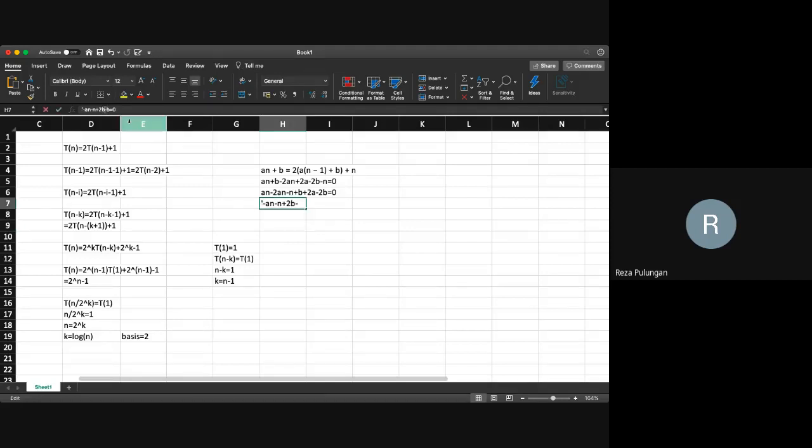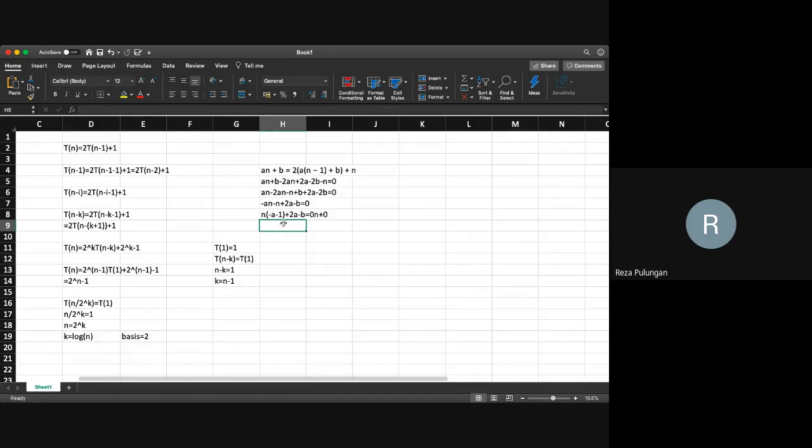Okay. So n multiplied by minus a minus 1 plus 2a minus b is equal to, now this is the catch, 0 multiplied by n plus 0. So actually this is just equal to 0, but I can say it is 0 multiplied by n plus 0.